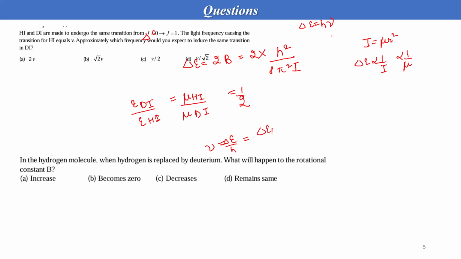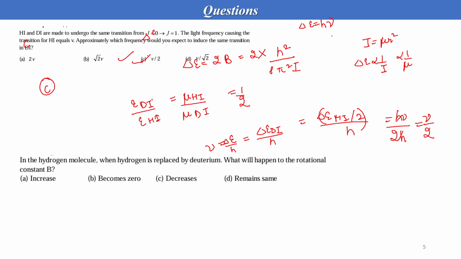So the frequency for DI is delta E of HI divided by 2, upon h, which will be equal to h mu by 2h. That means h will cancel out, giving mu by 2. The correct answer will be option C. So the answer will be option C, this mu by 2.